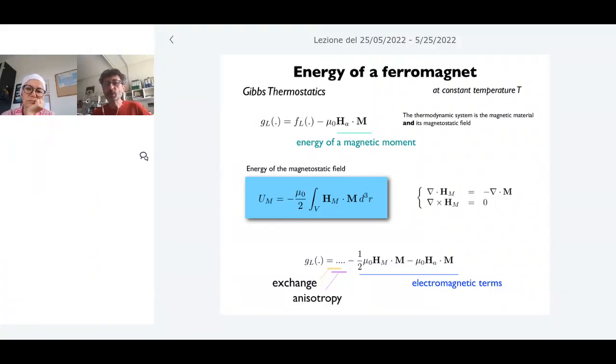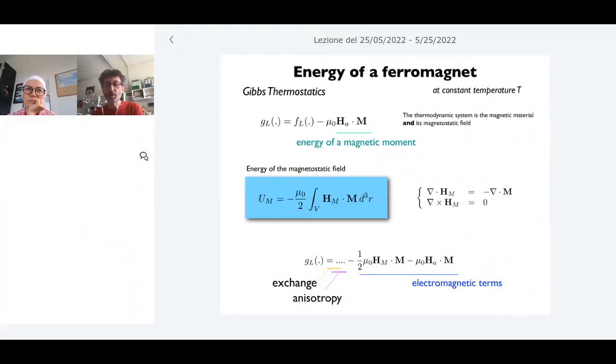But what we do control externally is the action of the applied field. So all the sources, for example, solenoids, windings, that we have in order to excite, so to change the applied field. So we imagine that we have no control on the magnetostatic field at the moment.